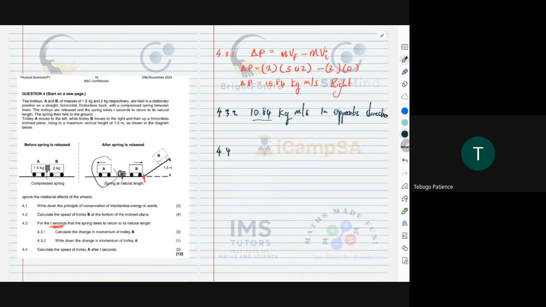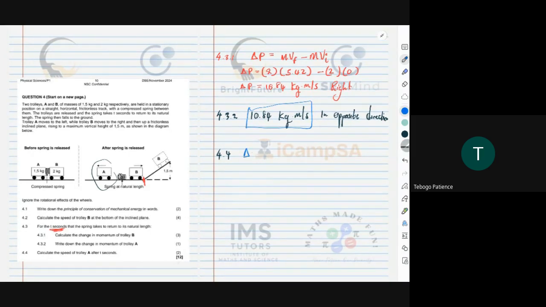We already have the momentum, the change in momentum for trolley A. Using MVF minus MVI, the change here is in the opposite direction, so negative 10.84 equals to the mass of A, which is 1.5, times VF, which is what we are looking for, minus 1.5 times 0, because initially they were at rest.